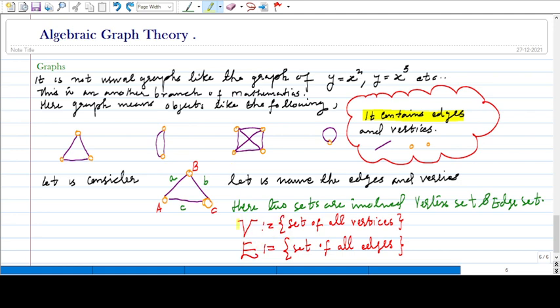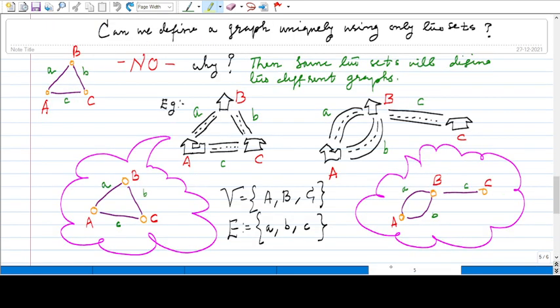So we denote by V the set of all vertices, and by E the set of all edges. So this is our first observation. But my question is, can we define a graph uniquely using only two sets?